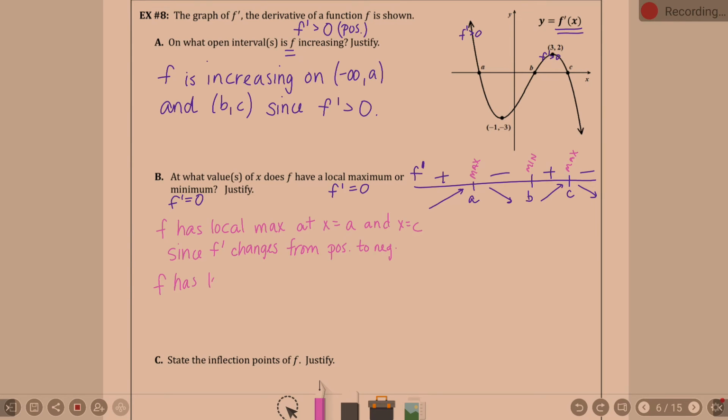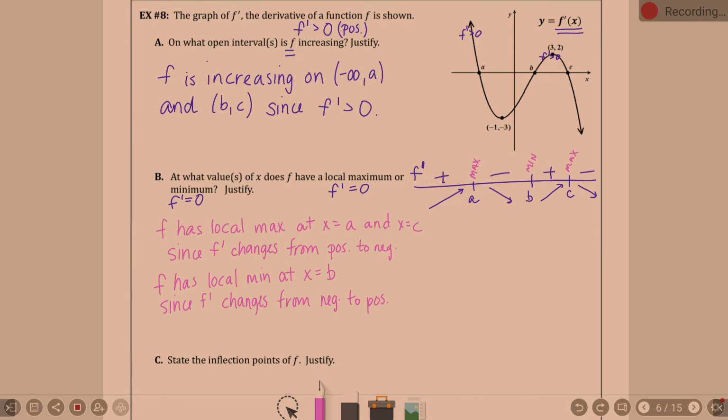F has a local min at x equals b, since f prime changes from negative to positive. Okay.